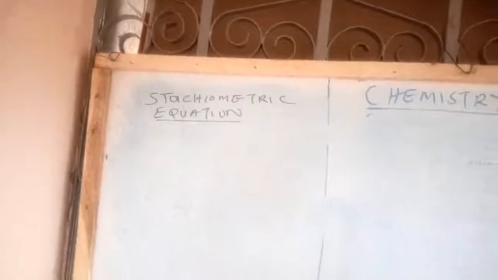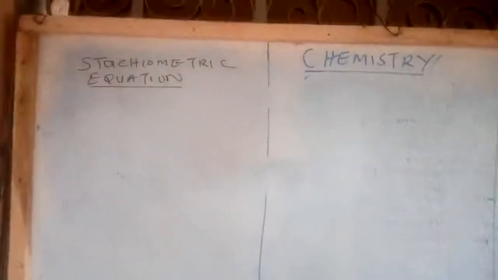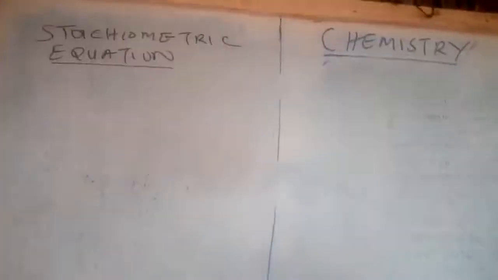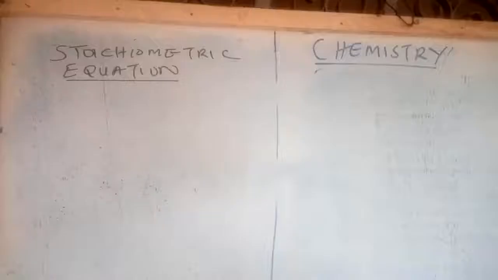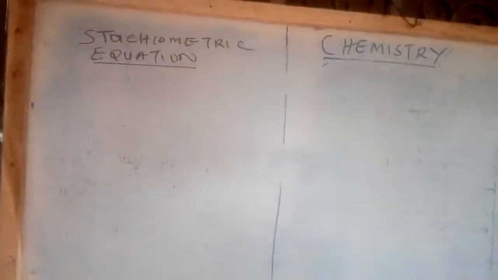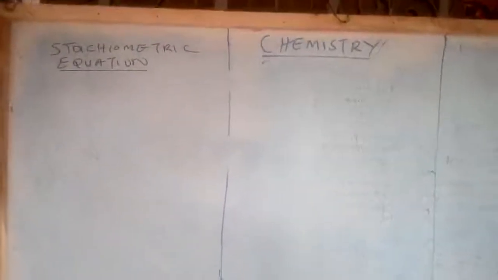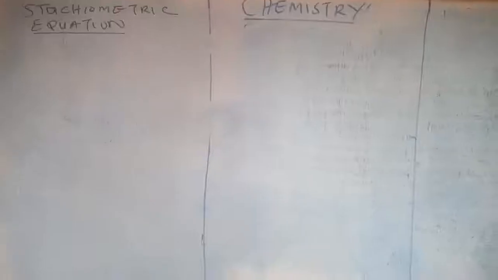So the stoichiometric equation or normal equation, this is an equation in which the reactants and products are expressed in whole number ratio. And therefore, I'm going to highlight several points which are very important, and you're supposed to note them, all of them.